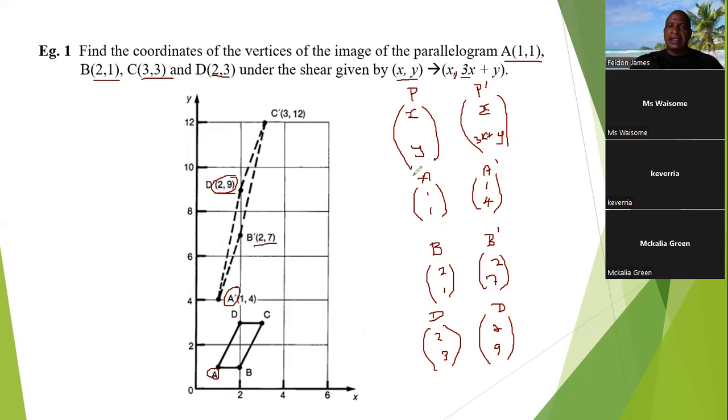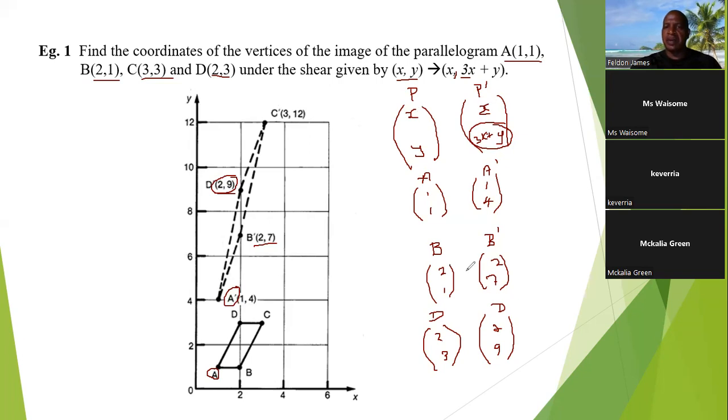Is that clear, guys? Yes. So this is a shear parallel to the y-axis because it is the y coordinates of the image which is affected. So this one has the formula. The top one does not change.